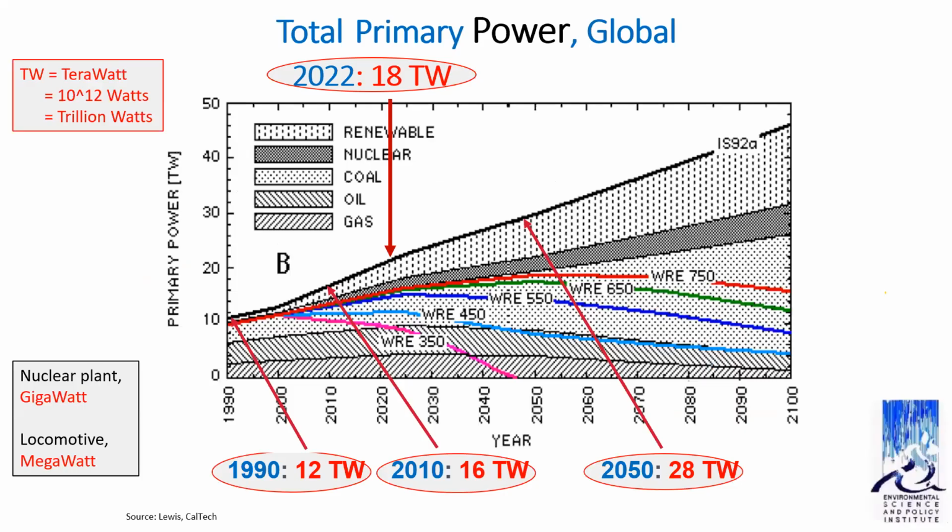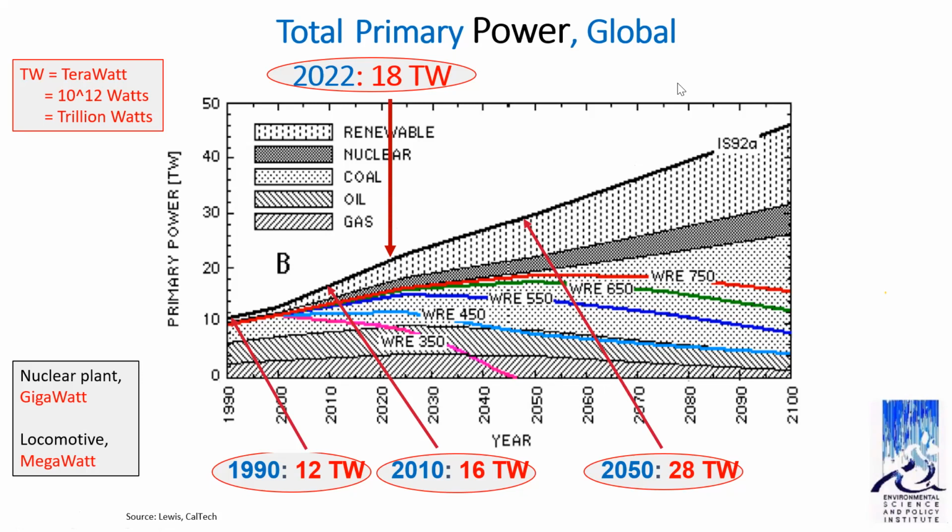Now, the total global primary power, this is a fun diagram. For 150 years, we can see that it's steadily increasing. I show here, and this gives a projection also out to 2050. So the vertical red line down is year 2022.